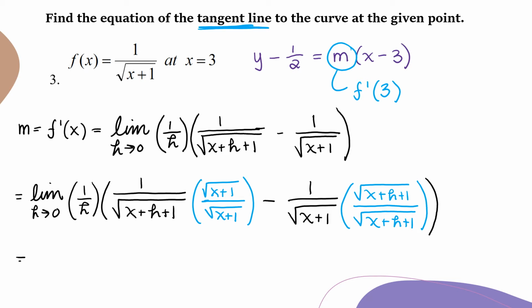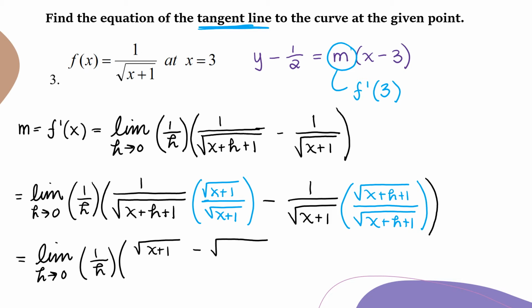So this is equal to the limit as h approaches 0 of 1 over h times the square root of x plus 1 minus the square root of x plus h plus 1 all over the square root of x plus h plus 1 times the square root of x plus 1.